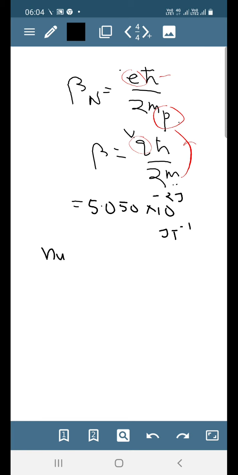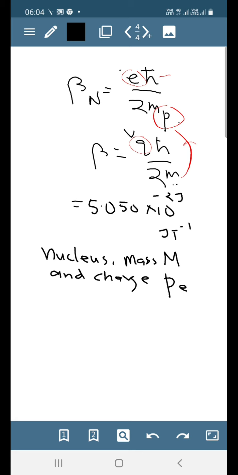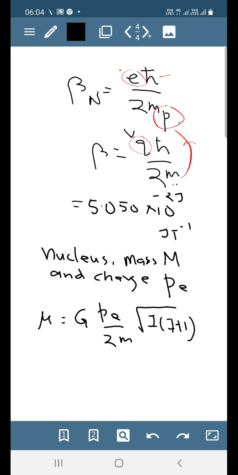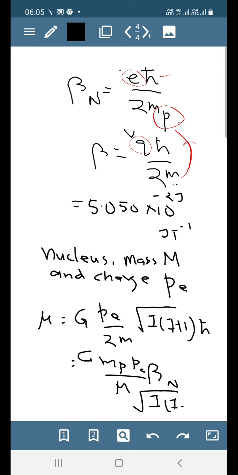So a nucleus of mass capital M and charge Pe can have a magnetic moment equal to G Pe by 2M root I into I plus 1 h cross, which is equal to G m p P e divided by M into beta N root I into I plus 1 h cross.